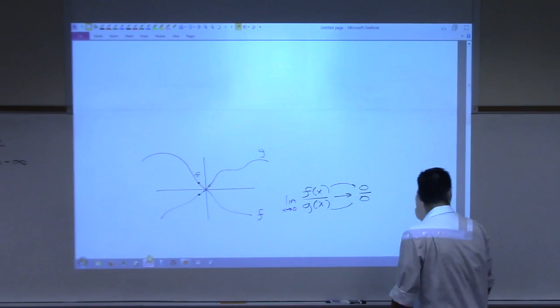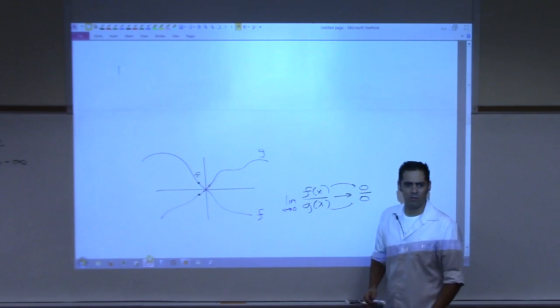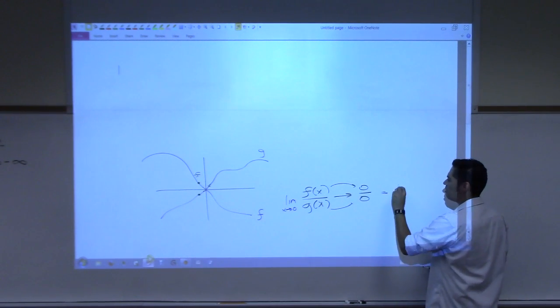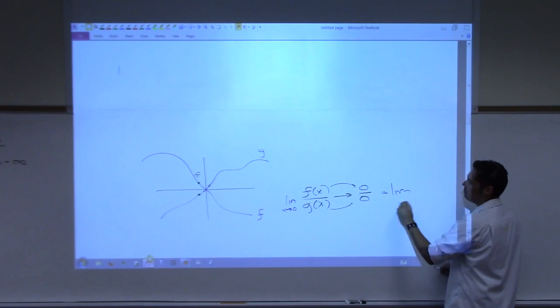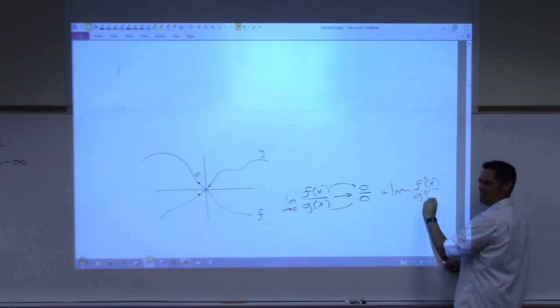Somehow, amazingly, it's equivalent to the ratio of what? This is equal to the limit of the ratio of their what? Derivatives.